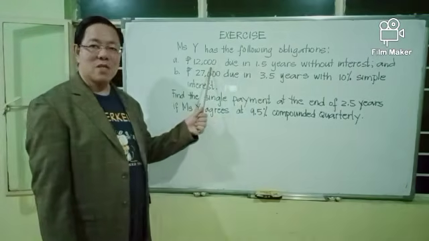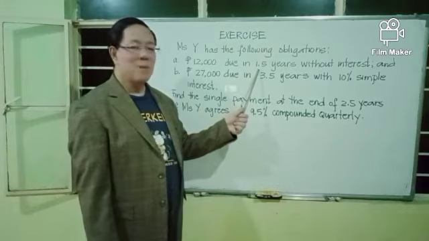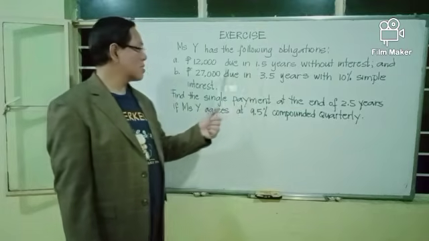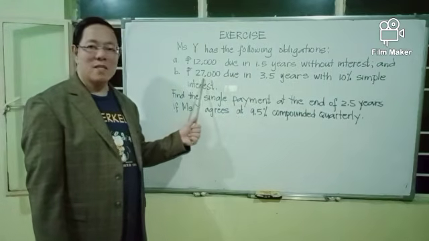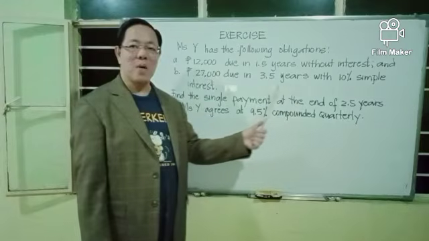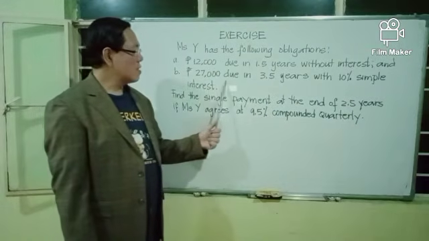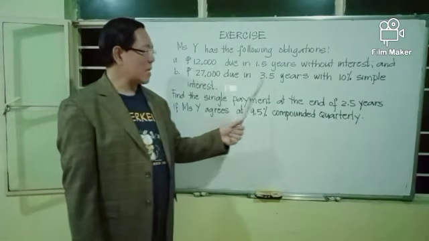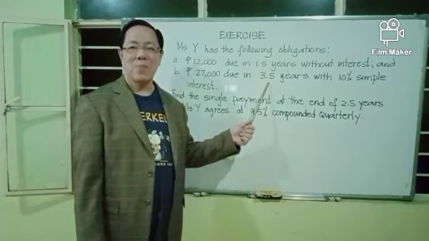The first obligation has no interest, but is to be paid at the end of 1.5 years. The second obligation has an interest at 10% simple interest, and this amount together with interest is to be paid at the end of 3.5 years.